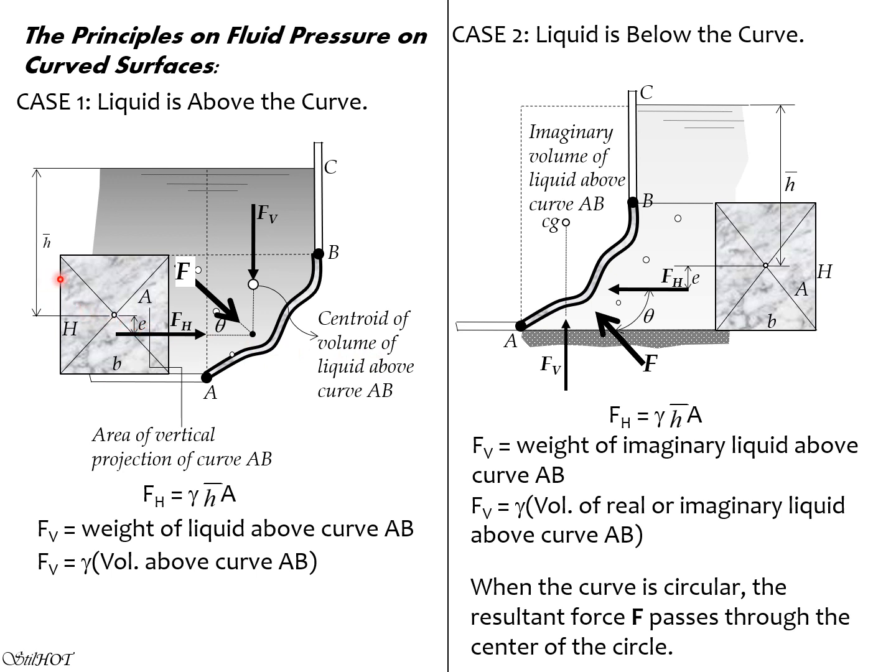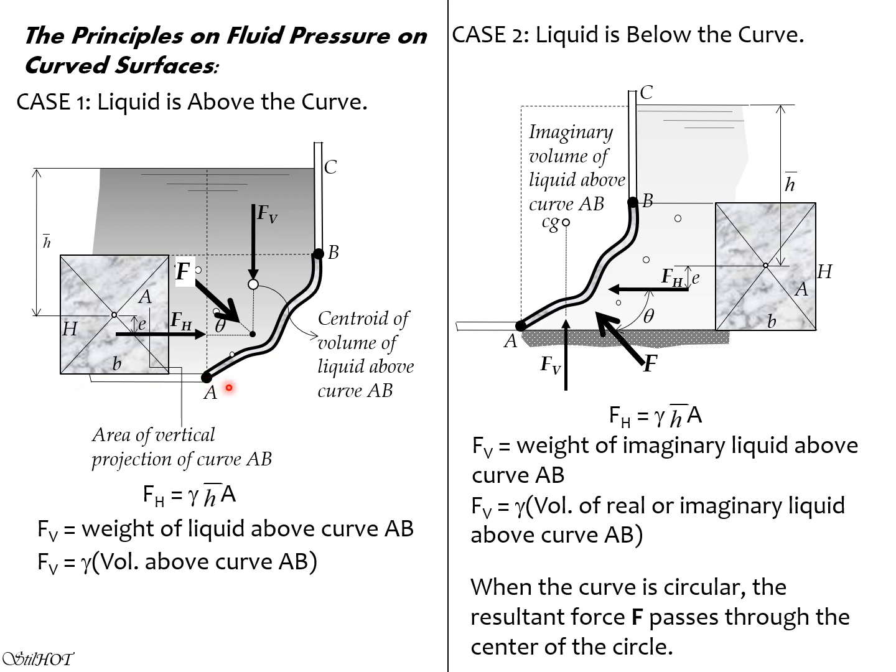For force on plane surfaces, the force is always perpendicular to the plane surface. And for curved surfaces, we have to consider two components, FH and FV. FH is simply gamma barred H times area, or the pressure at the centroid of the projected area of the curve upon the vertical plane.